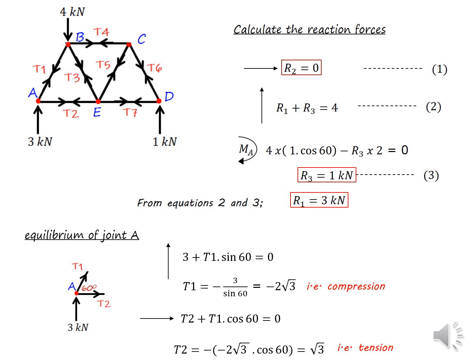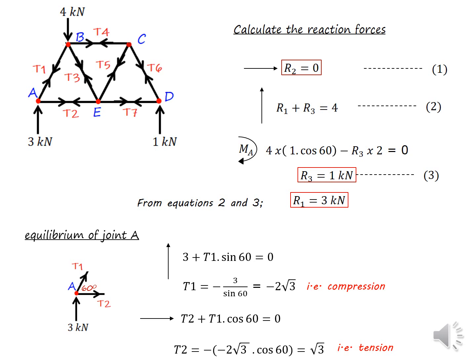So apply that and you'll get T2 as root 3. It is a positive value, that is, T2 is under tension. Analyzing those two equations, we get the two unknown forces T1 and T2, right?